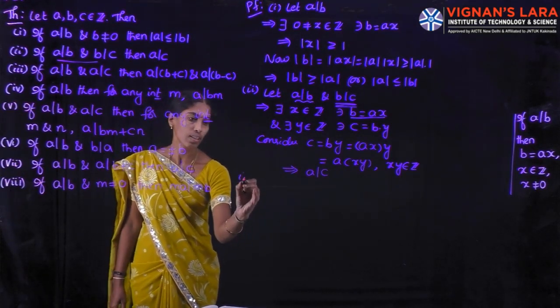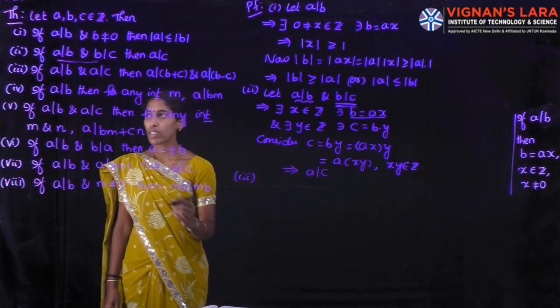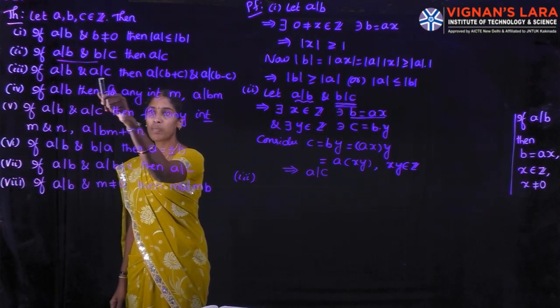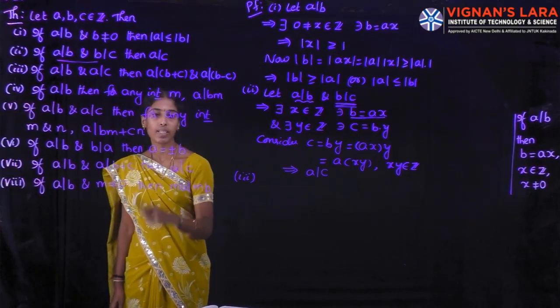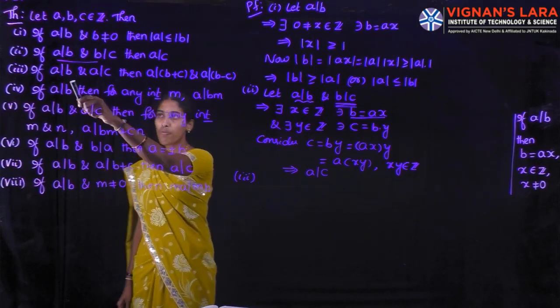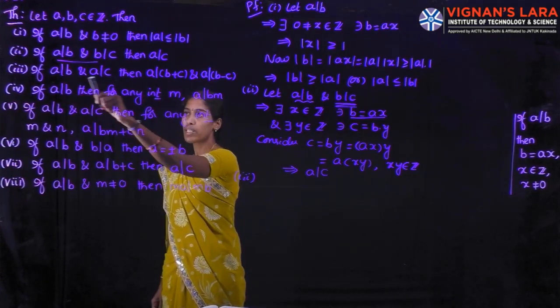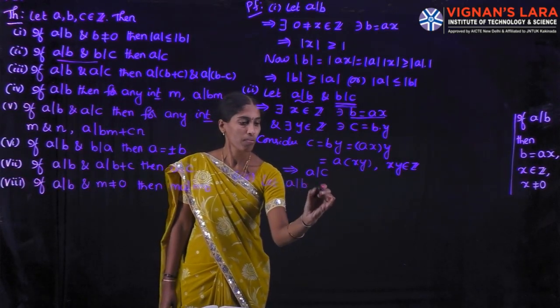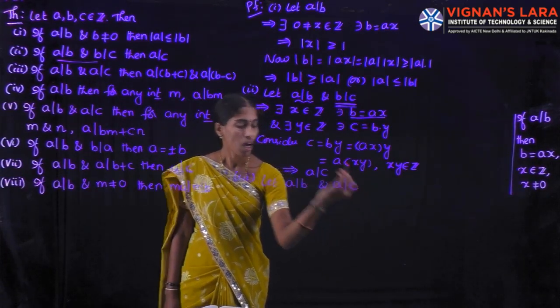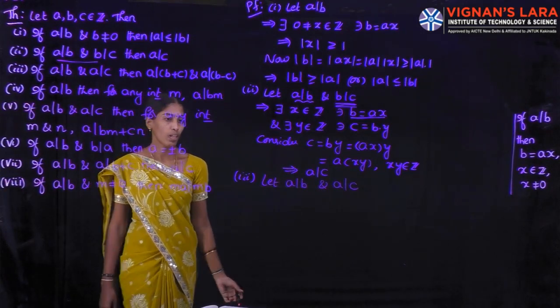Now, we see the third one. What is the third one? If A divides B and A divides C, then A divides B plus C and A divides B minus C. So, first assume that A divides B and A divides C. Let A divides B and A divides C, right?